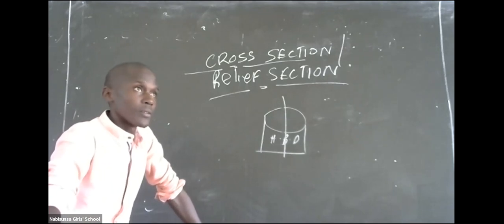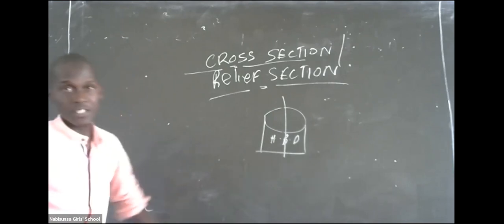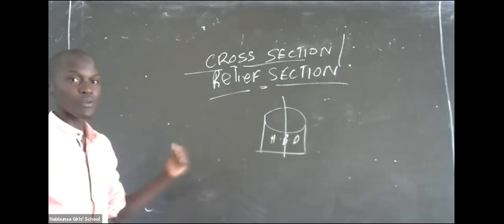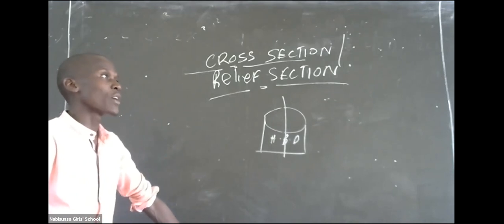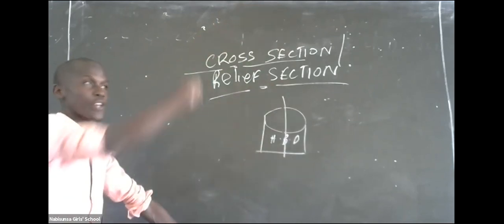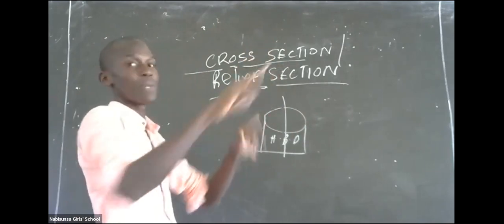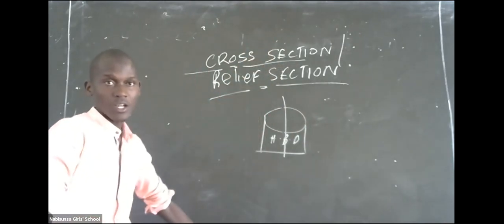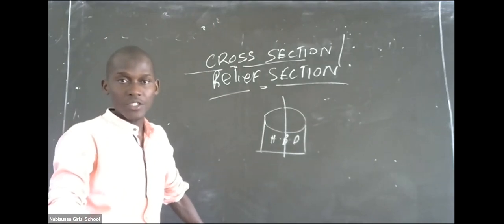Yes, teacher. Before I proceed, you need to ask questions at this stage. So what you need to know is that a cross-section is like the way you get a cake and cut it. The way you view it after cutting one part, that's what we mean by a cross-section. Now let me share again and you see.